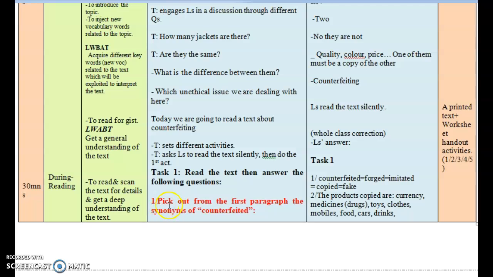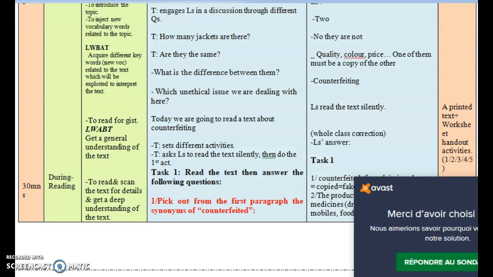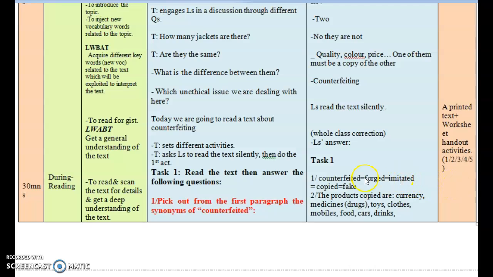Question number 1, pick out from the first paragraph the synonyms of counterfeited. Learners will read the first paragraph and pick out the synonyms of counterfeited. Here they will find forged, imitated, copied, fake. All these synonyms are in paragraph number 1.